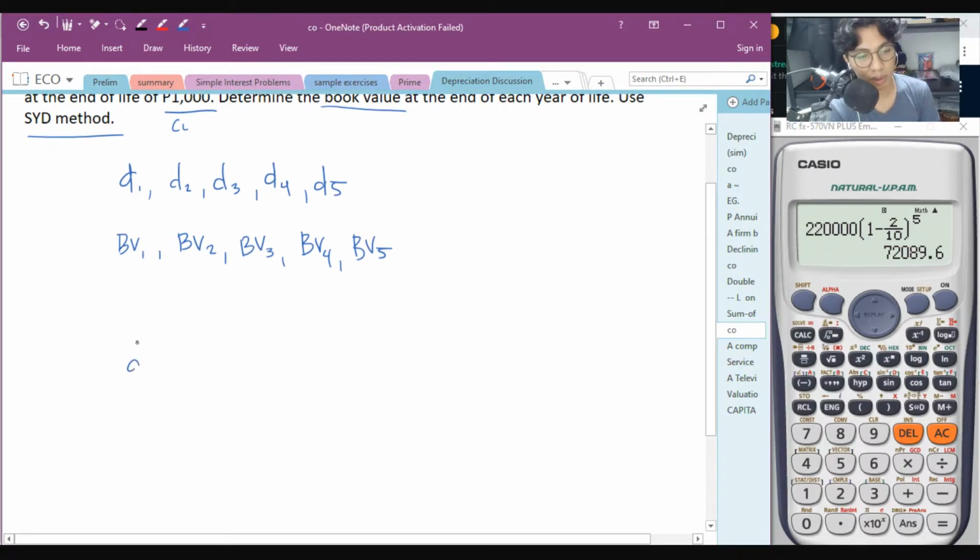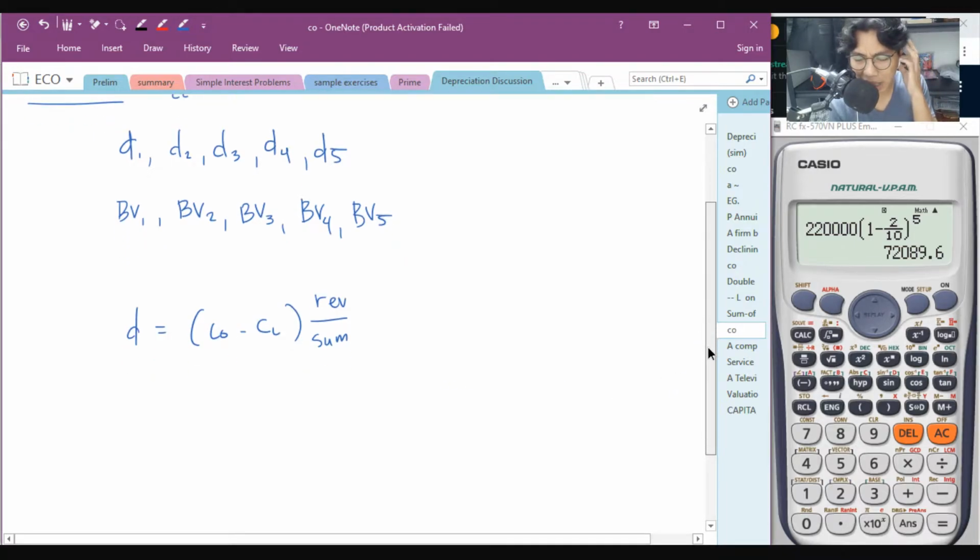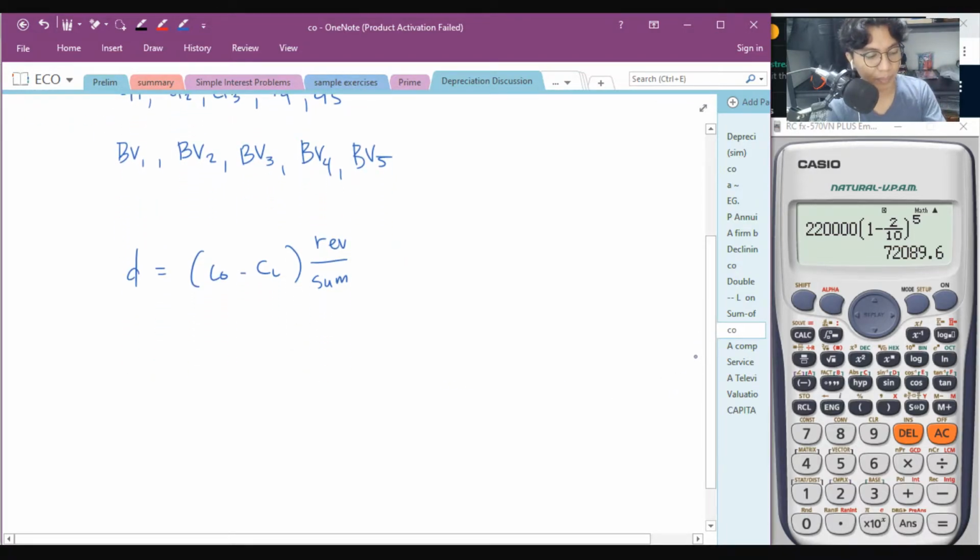So, ang formula dyan, D is equal to CO minus CL multiplied to the reverse digits divided by the sum of the years. Okay, sa first year, D1, that is CO mo. Ano yung CO dyan?